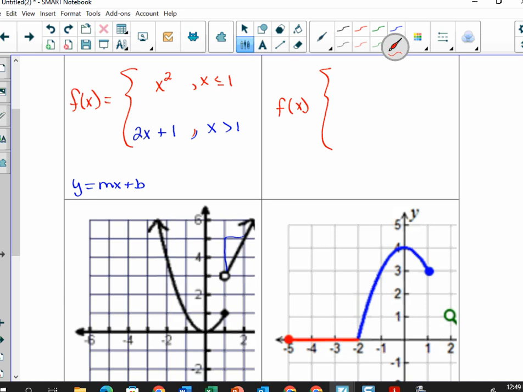So x is greater than or equal to 1, which means starting at 1 and going from left to right, it ends at 1. Oh, I don't think it stops at 1. Can it be including no treatment?